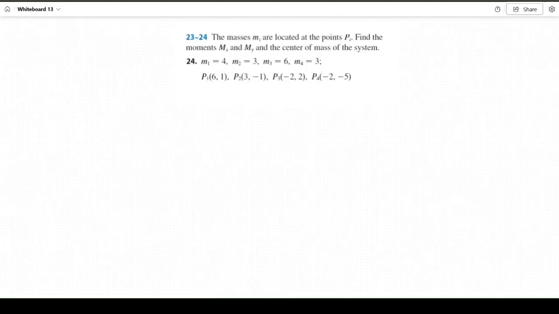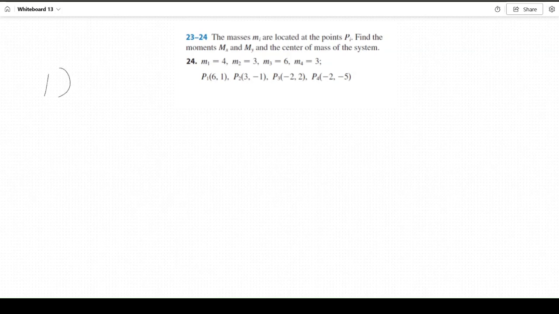All right, let's look at this problem. It says the masses mi are located at the points Pi. Find the moments Mx and My and the center of mass of the system. We have four masses and four points, which have x and y coordinates. The first thing we want to do is add up the masses, because that's easy.